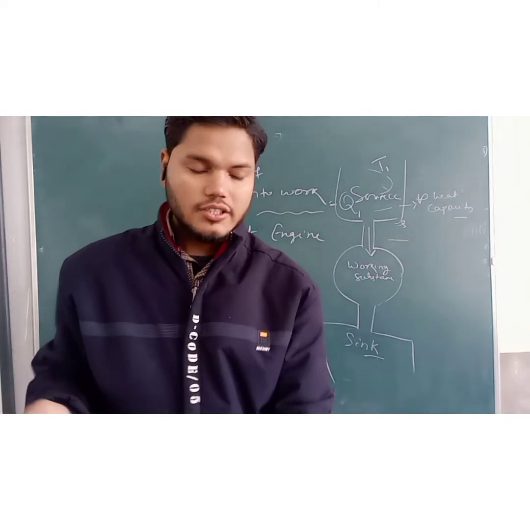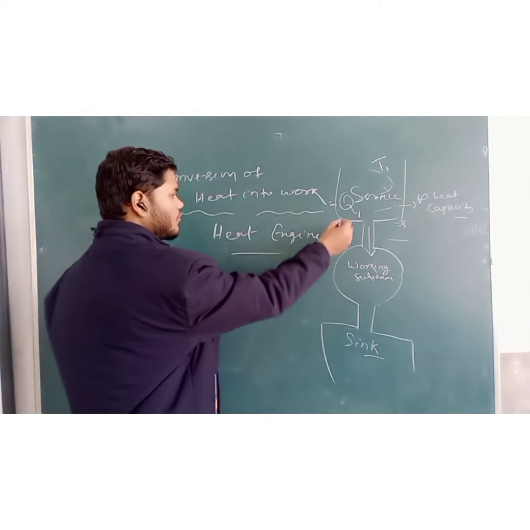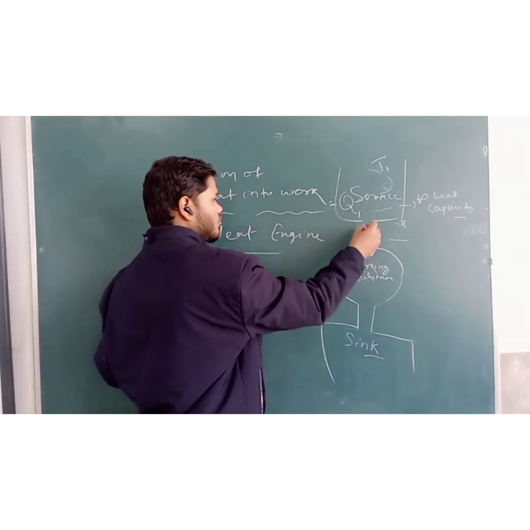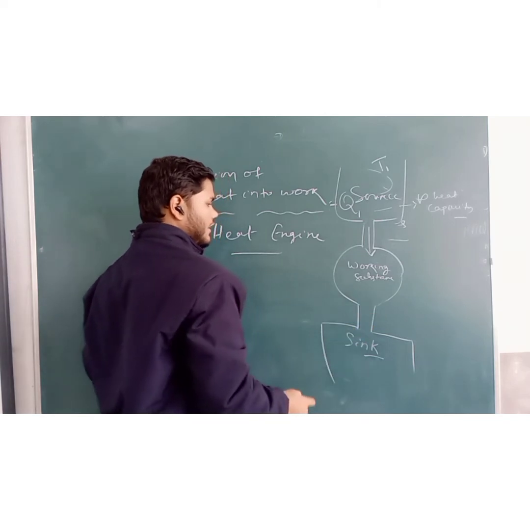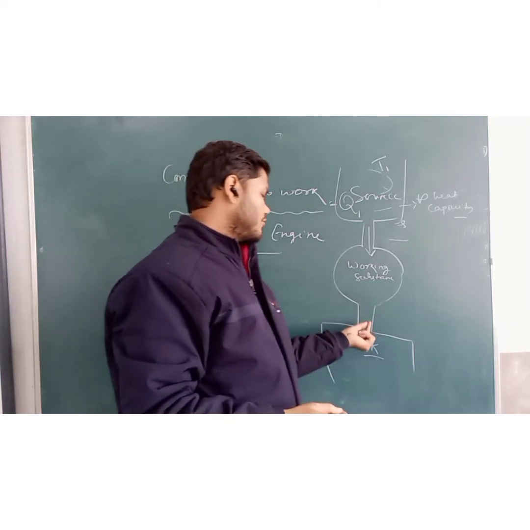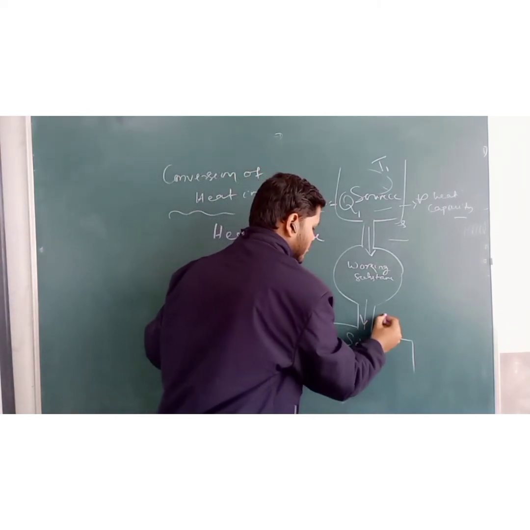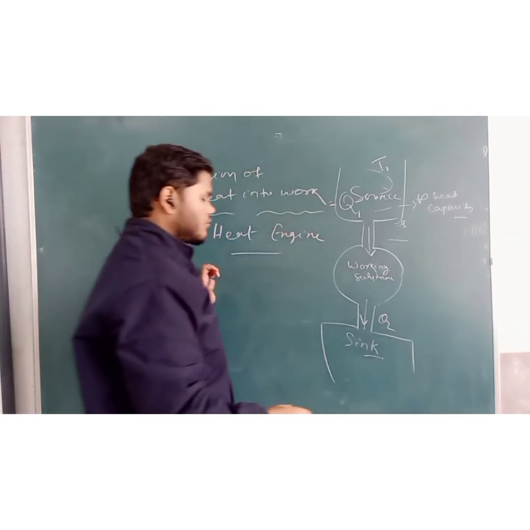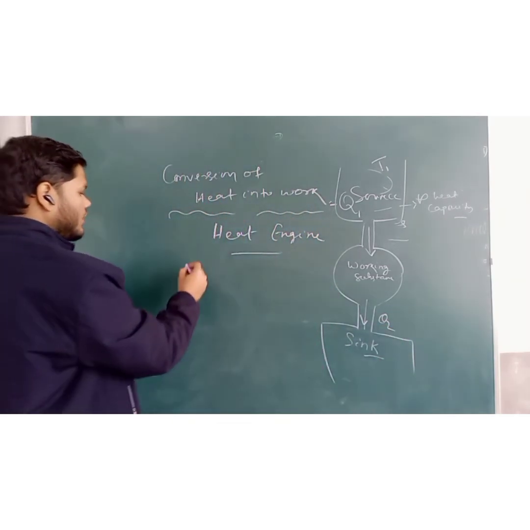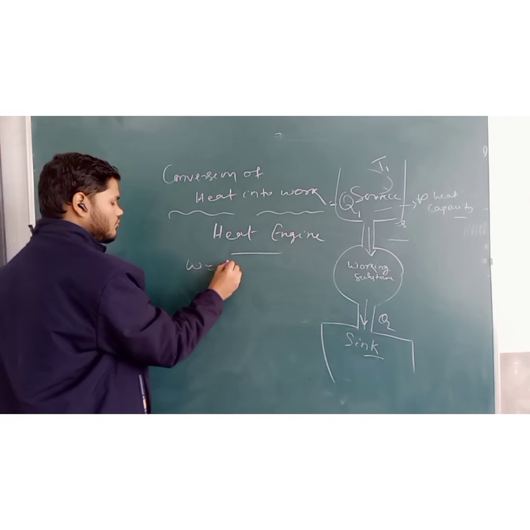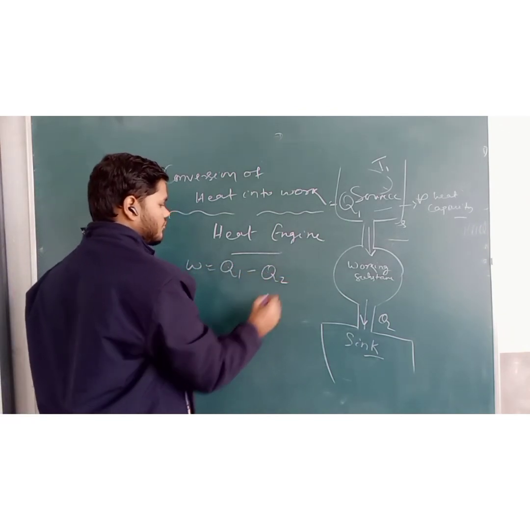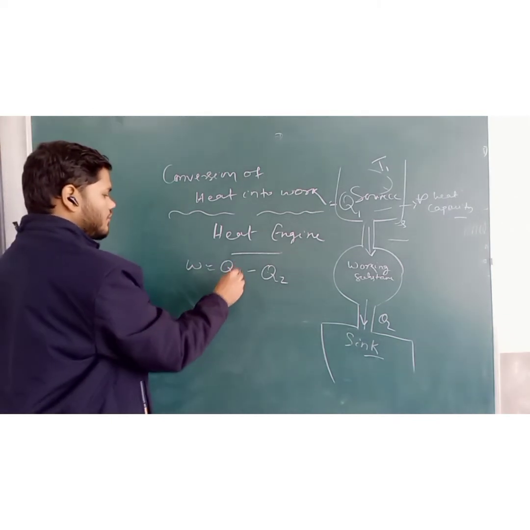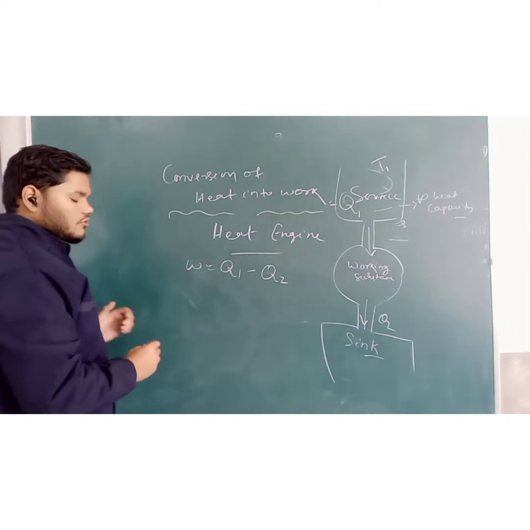Whatever Q1 amount of heat is transferred to the working substance, the remaining Q2 amount of heat is transferred to the sink. So W equals Q1 minus Q2.